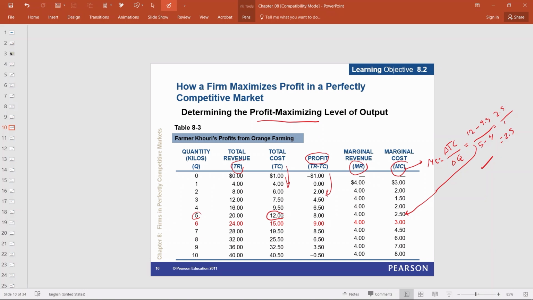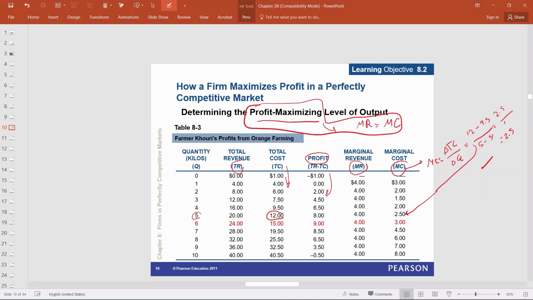But here, in profit maximizing for a firm, the criteria is a bit similar, but with different notions. The criteria is that profits can be maximized when marginal revenue equals marginal cost. This is a very important criterion for maximizing profits.